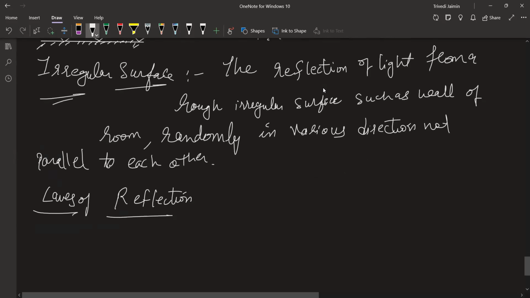Laws of reflection. First law. Did anyone study this law? Anyone remember from 8th standard? The angle of incidence equals the angle of reflection. Okay, that is the second law. First law is: light travels, the incident ray, the reflected ray and the normal, on the same plane. Yes, very good.